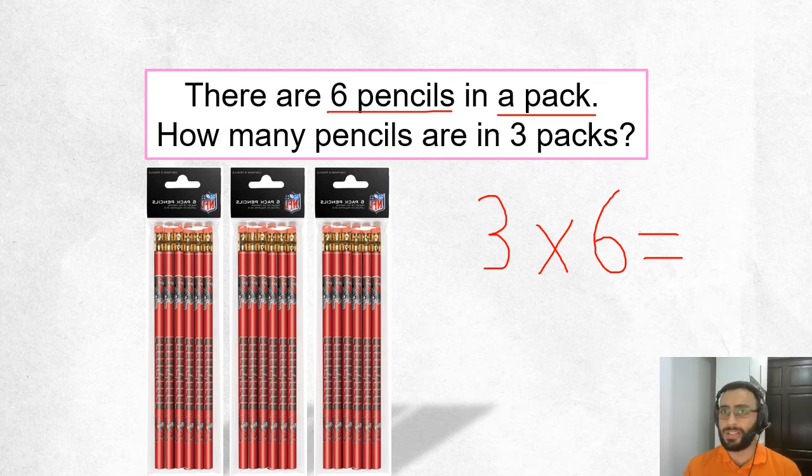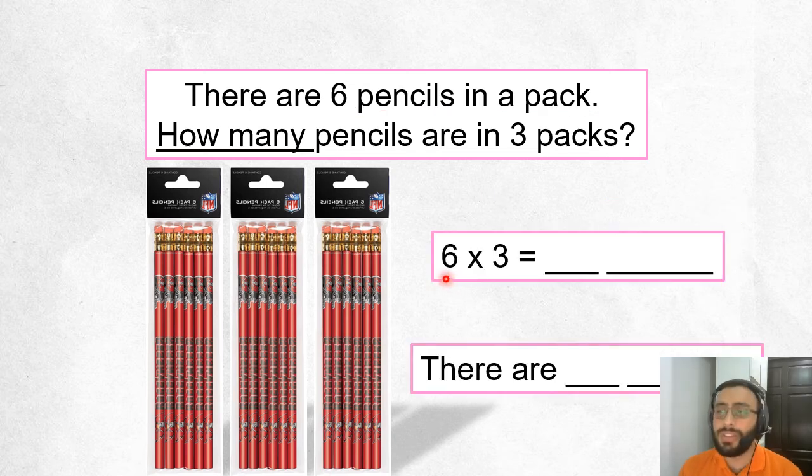1 6 is 6. 2 6s is 12. And 3 6s, which is 3 times 6, is how many? 18. Right? Now, notice that here I write 6 times 3.